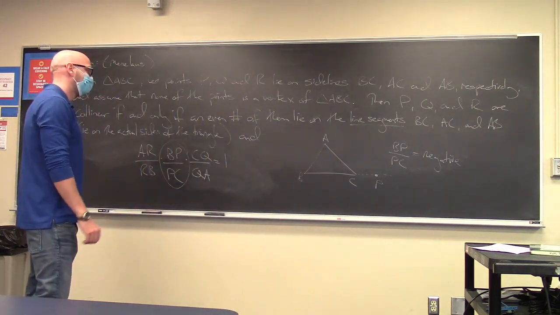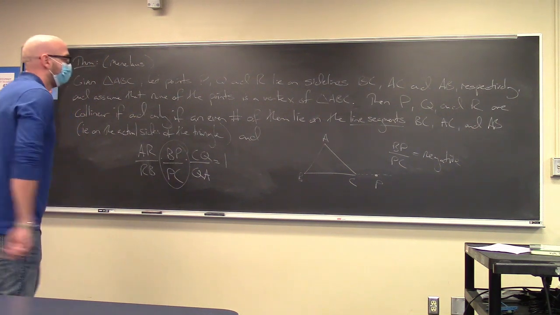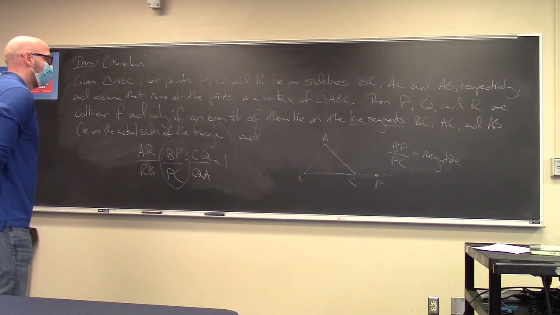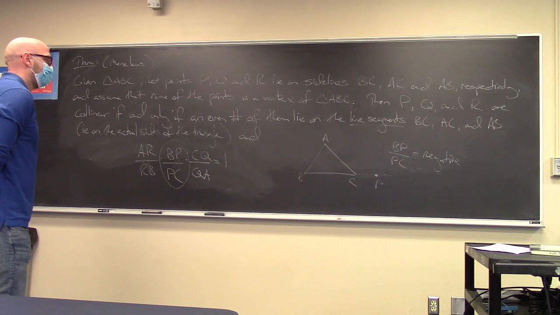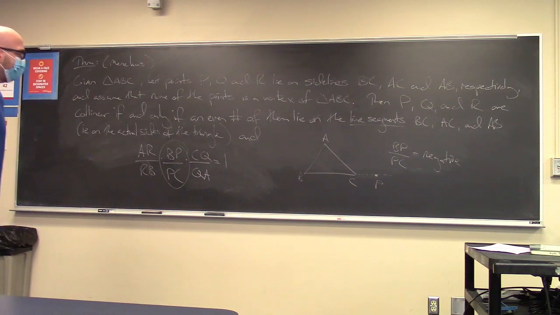Think about this. Why are my signs confusing me? When is Ceva's theorem true? An odd number of interior Cevians, right?